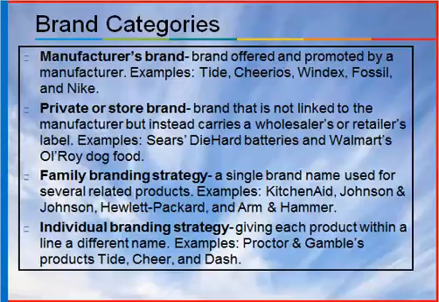Family branding is a single brand name used for several related products. Examples would be KitchenAid, Johnson & Johnson, Hewlett-Packard, and Arm & Hammer. Individual branding is where each product has a different brand name. Again, examples from Procter & Gamble include Tide, Cheer, and Dash.